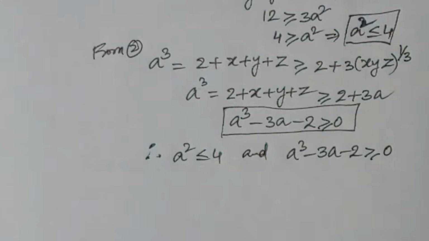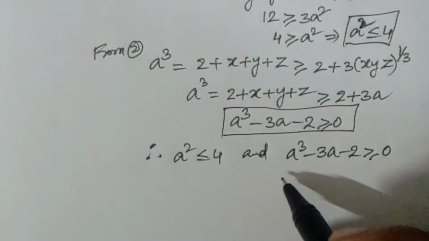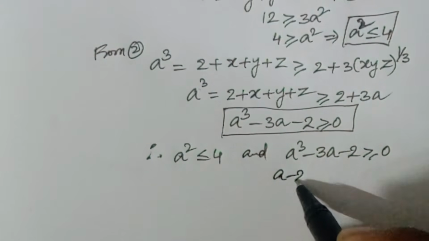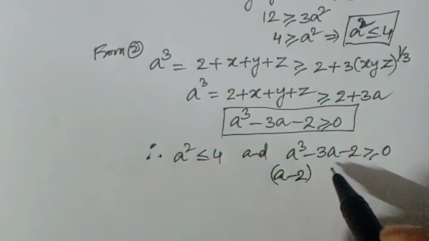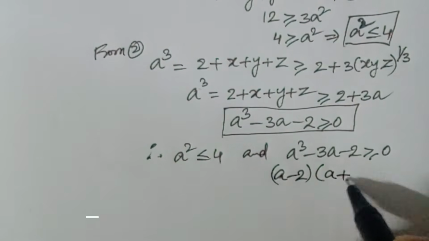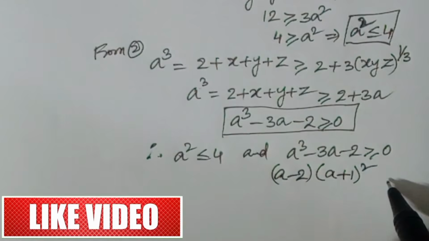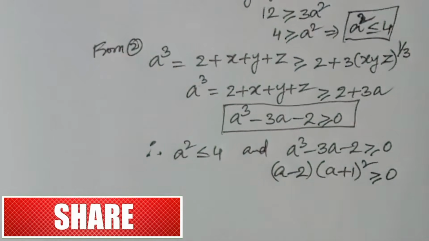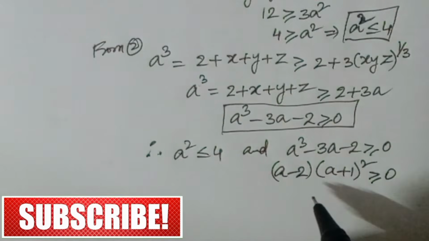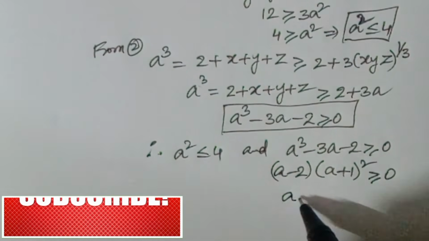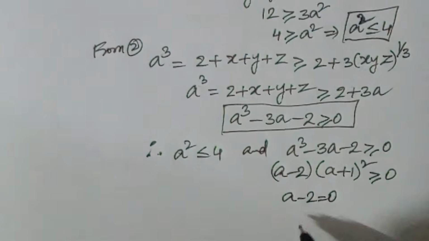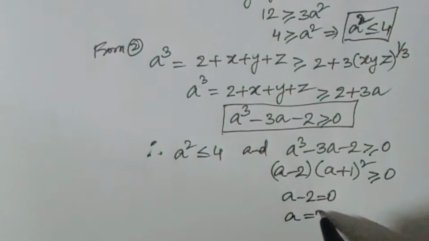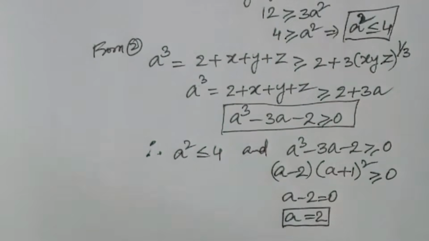If you write the factors for this, a minus 2 is a factor, and you will get a plus 1 whole square greater than or equal to 0. Here we want positive real numbers, so a minus 2 is equal to 0, a equals 2.